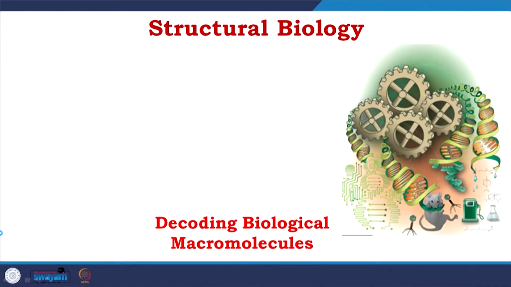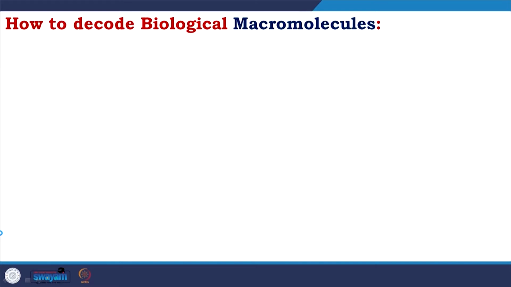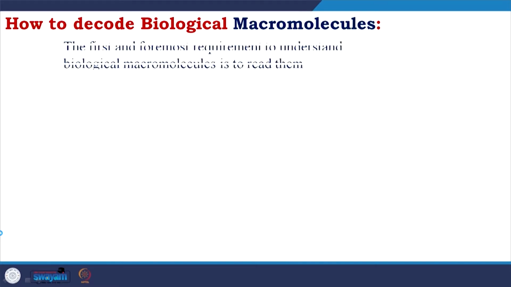Hi everyone, welcome to another class of the course Structural Biology. We are going through the module of introductory section, and today, as told in the previous class at the end, we are going to discuss decoding biological macromolecules. So, how to decode biological macromolecules?